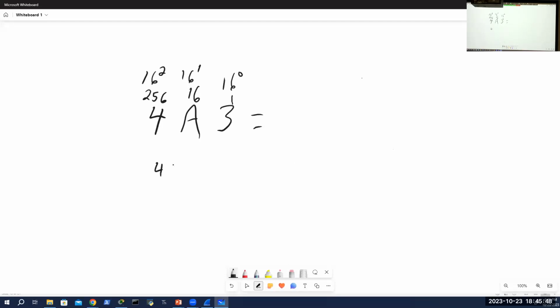It becomes 4 times 256, plus A times 16, plus 3 times 1. So here are our hex digits, 4, A, and 3. We just have to multiply them by their place value and add them all up.